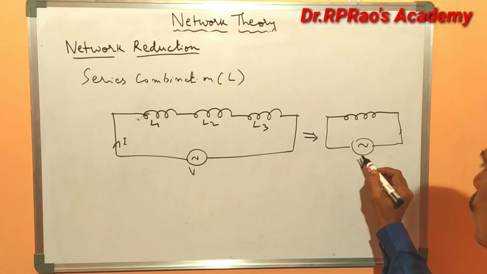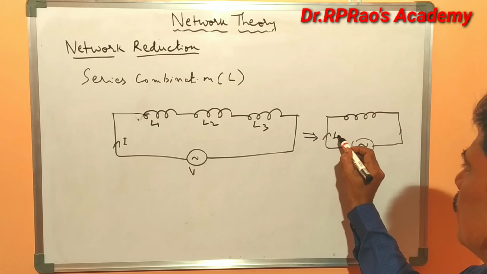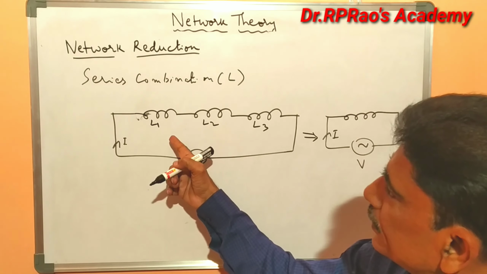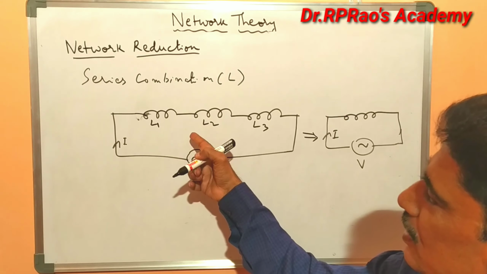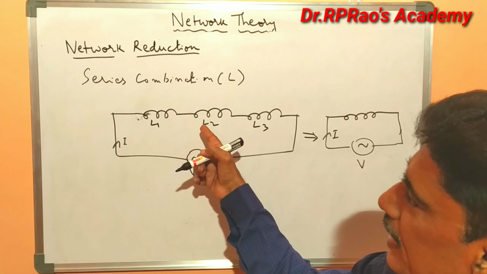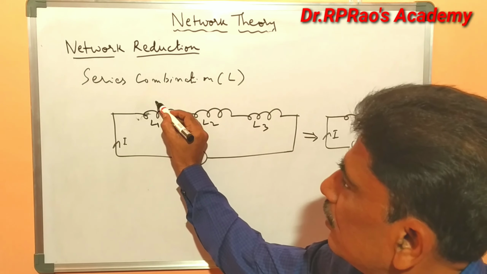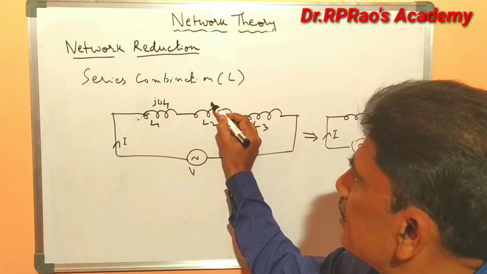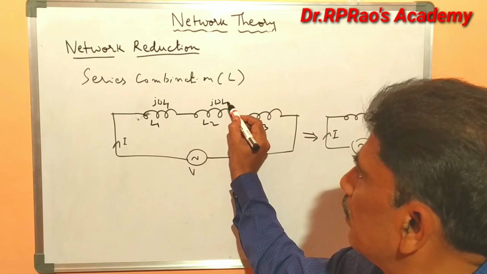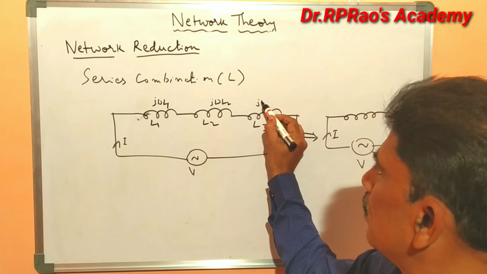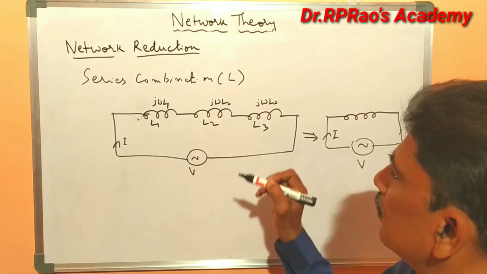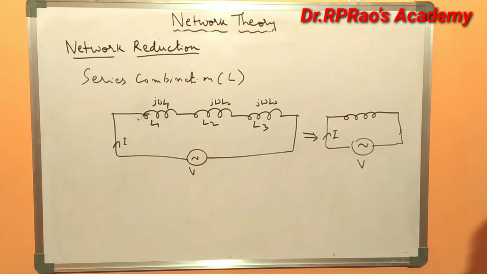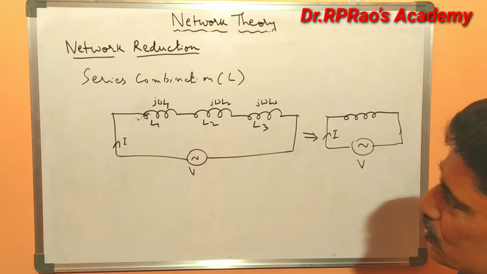This is an AC voltage source. For L1, its resistance in AC circuits we call inductive reactance or impedance, denoted by J omega L1, and it is J omega L2, and this is J omega L3. We'll discuss this J and omega when we discuss AC circuits.